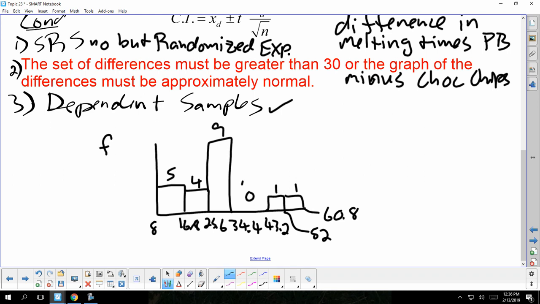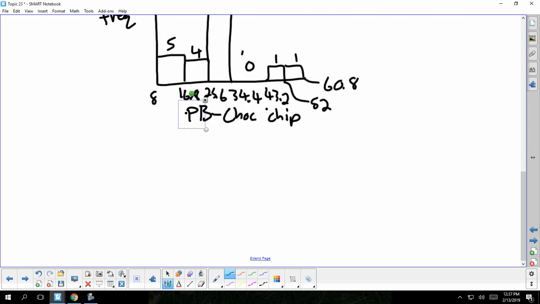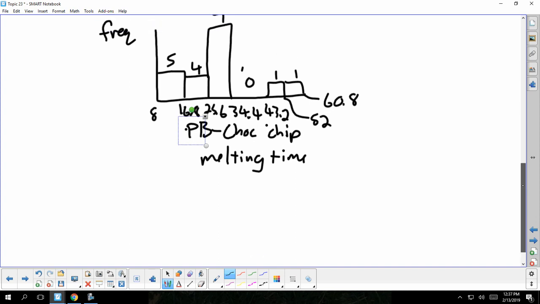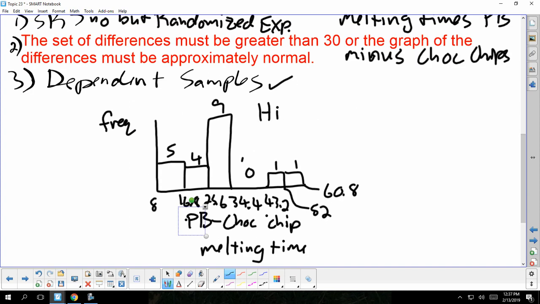So make sure we label this so you can see. PB minus chocolate chip melting time. And then title it histogram of differences. Right, so make sure if you are going to use your calculator, you do label it and just don't put what the TI kicks out.